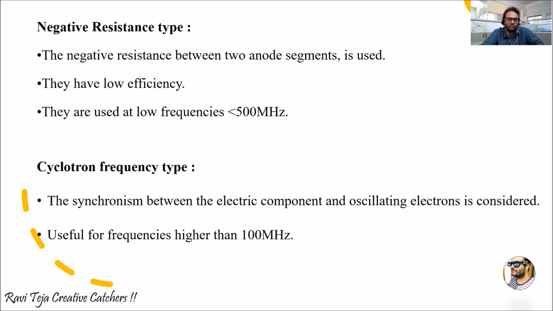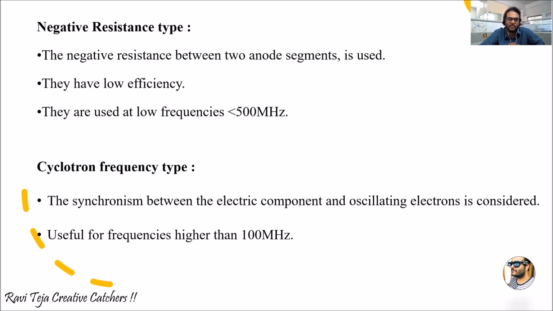Our ultimate goal in using a magnetron in amplifiers or oscillators is to improve the signal, so we mostly focus on higher frequency ranges. This negative resistance type has low efficiency and is used at low frequencies, less than 500 megahertz.